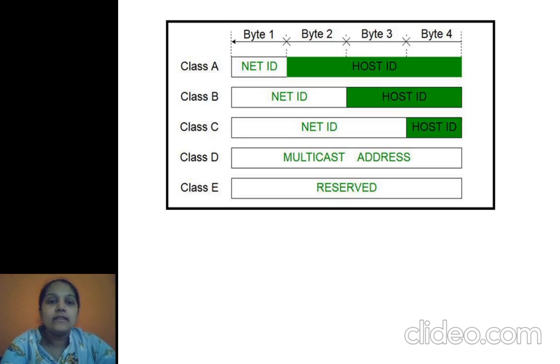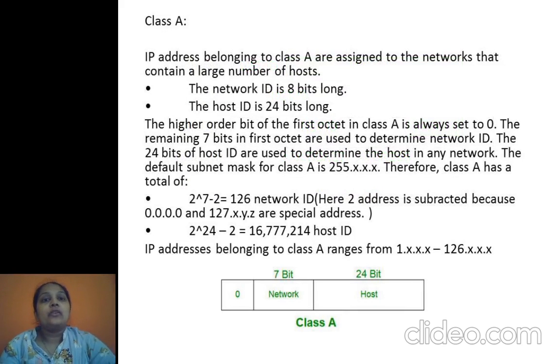Okay, so I hope you understand this diagram. This is a very important diagram to understand how the classes are classified into 32 bits. So let's briefly discuss the classes. Class A, as the figure shows you, has its first octet, or first byte, reserved with a 0. The remaining bits are host ID, with 7 bits reserved for the network.